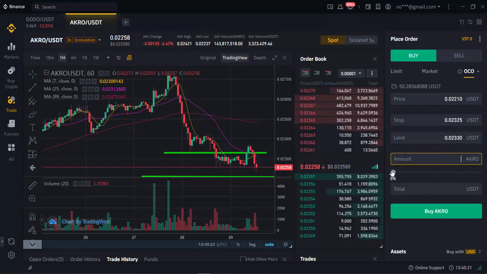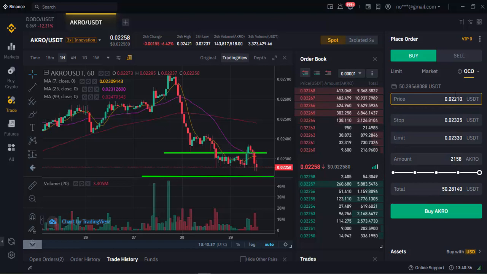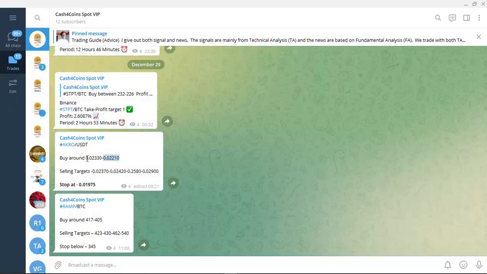Then we have 100%, that is using $50 plus to buy it. Now let me explain this. We are targeting two prices. If the market falls below this, let it buy. If the market rises to this, let it buy. That is, between these two prices.